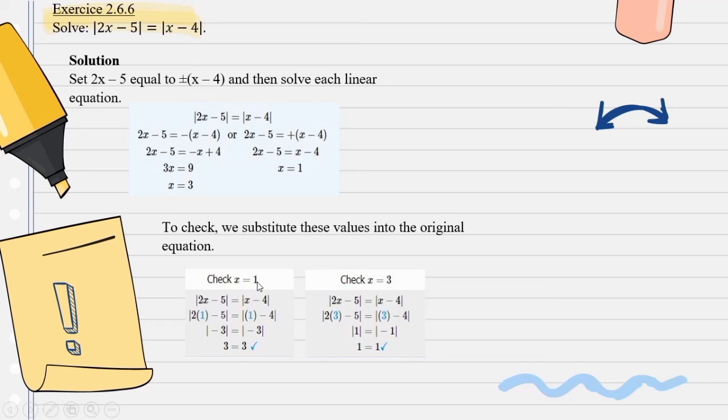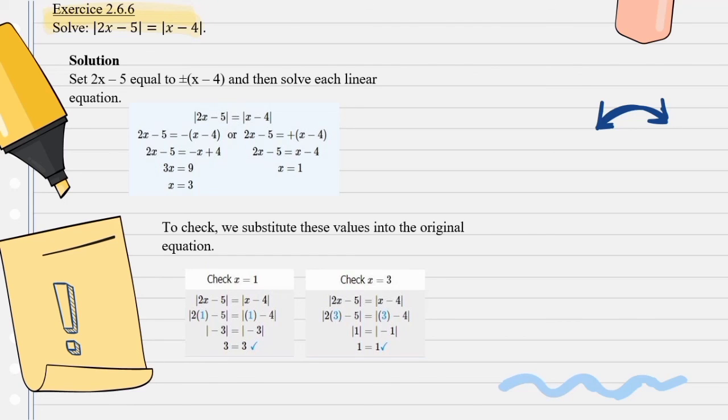You substitute the number 1 for x. 2 times 1 minus 5, the absolute value of minus 3 equals 3. Then x minus 4: 1 minus 4 is minus 3, the absolute value of minus 3 equals 3. That check x equals 1 is correct.